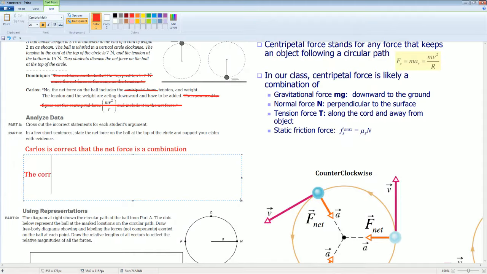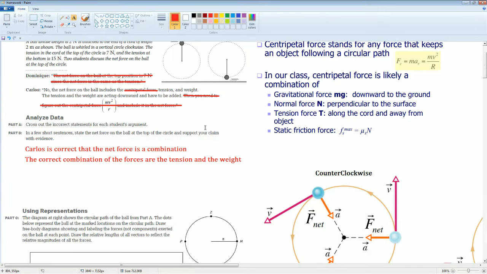The correct combination of the forces are the tension and the weight, or the force done by gravity.